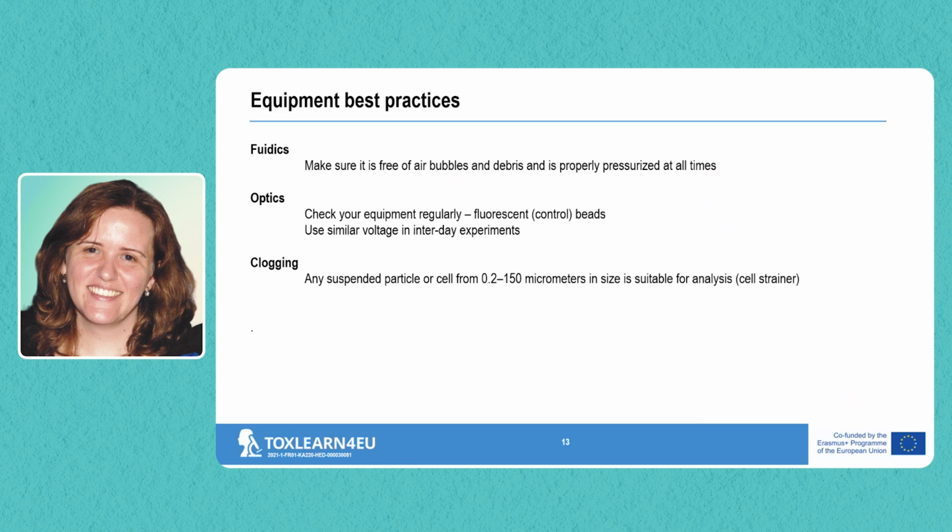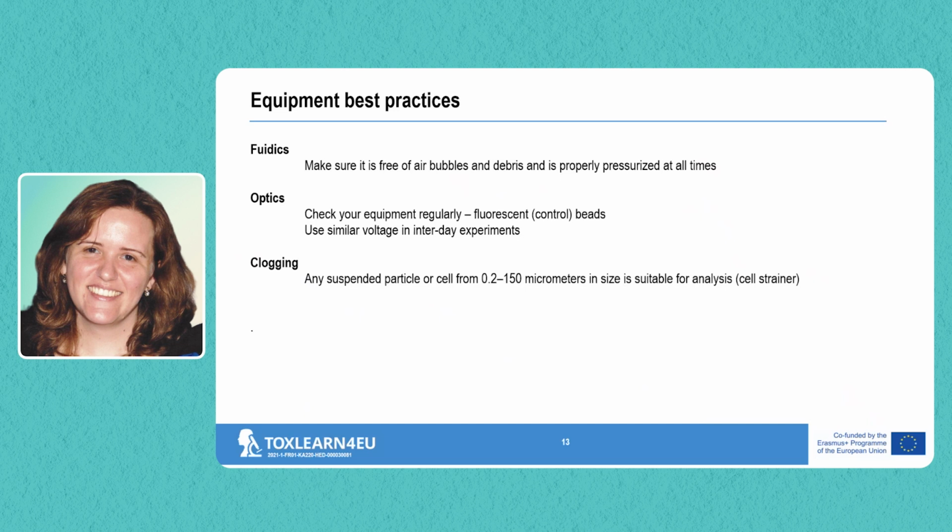So you need to make sure that you don't have many aggregates in your sample, because if you have them, they will clog your equipment. And you need to start everything all over again, because you will have to clean the equipment and start the sample again. So we usually use cell strainers, but this can also cause another problem, which you will see in a minute, related to cell loss.